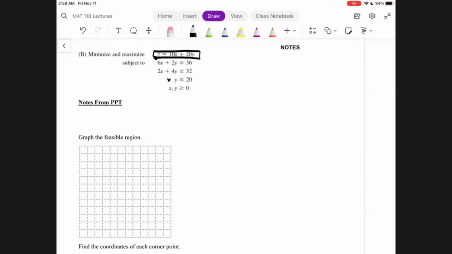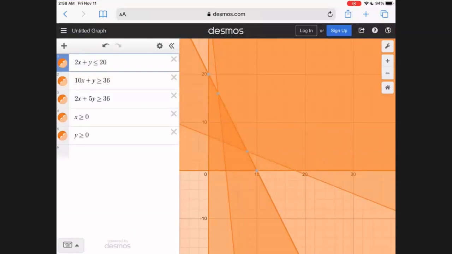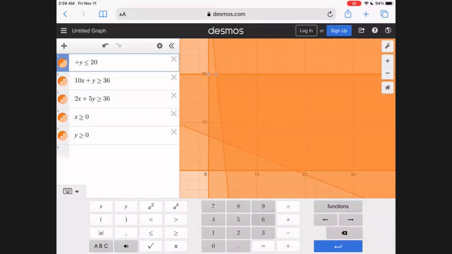So let's go over to Desmos. Let's plot these in. I'm just going to retype in the first one here. This is 6x plus 2y, and we are greater than or equal to 36.